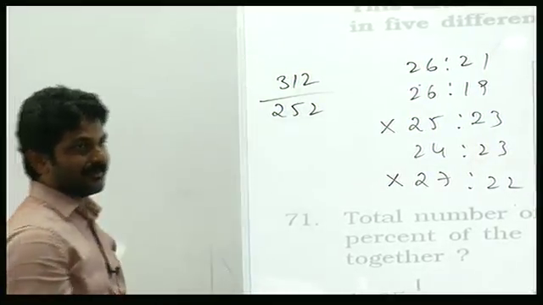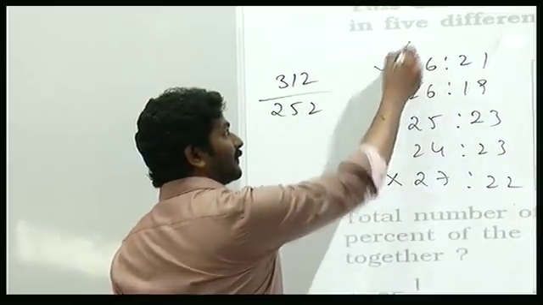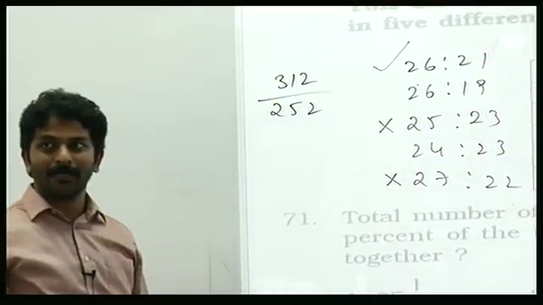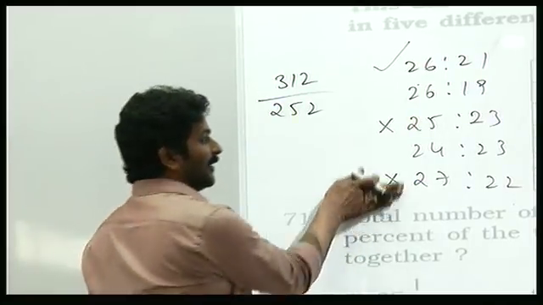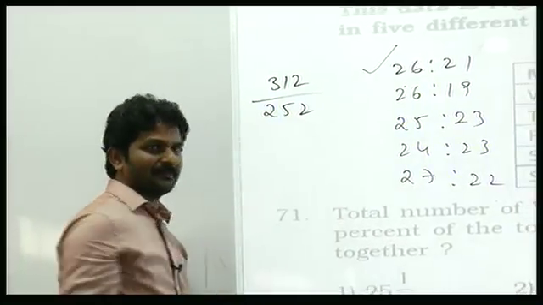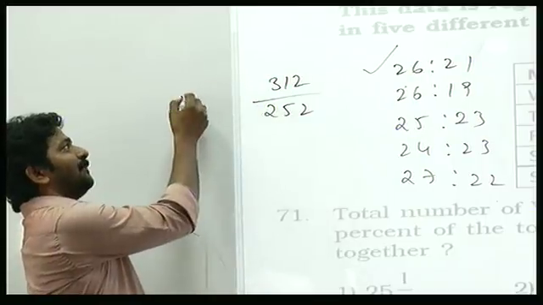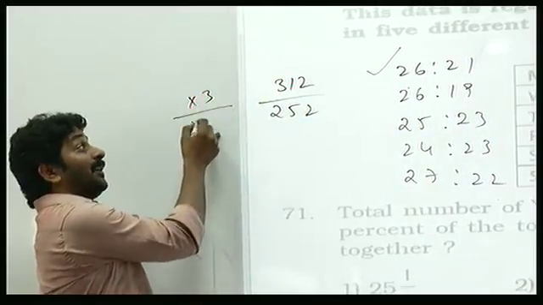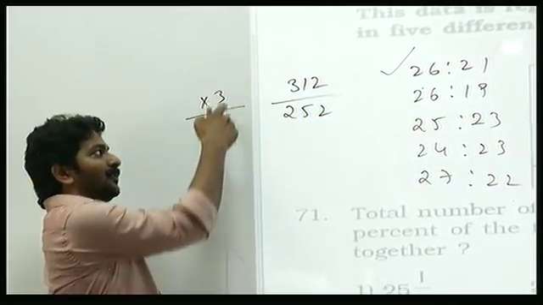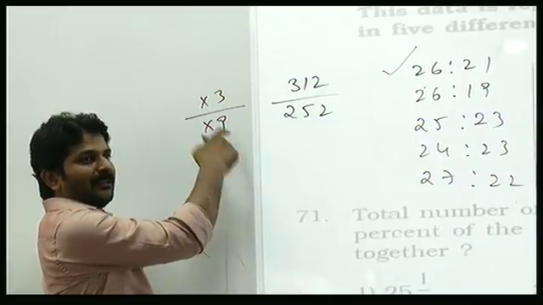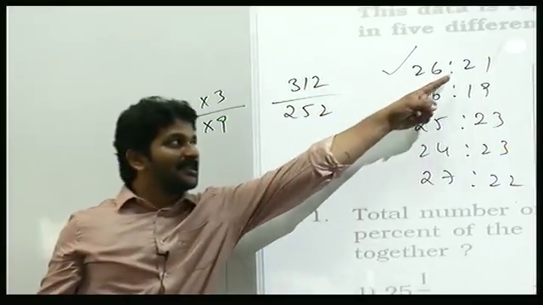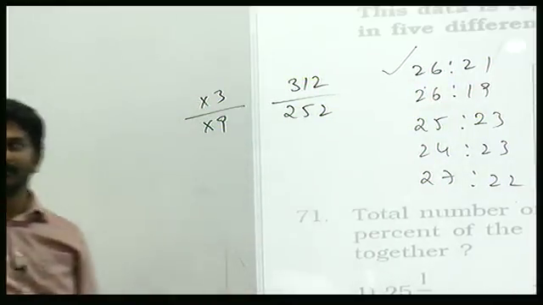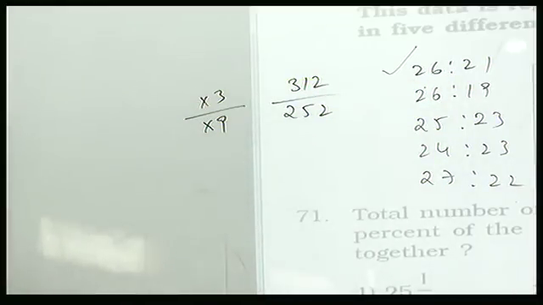It's over. This is only a 3 multiple, but the denominator is a 9 multiple. So 3 cancels for 3 times in 9. Here the denominator will definitely be a multiple of 3. This is only 1. Clear? Next.